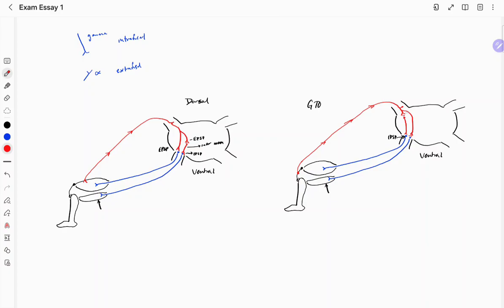And then this other neuron that's branched off here is going to cause an EPSP, which is going to actually contract the hamstring, the antagonistic muscle, to prevent overcontraction of the agonist muscle.